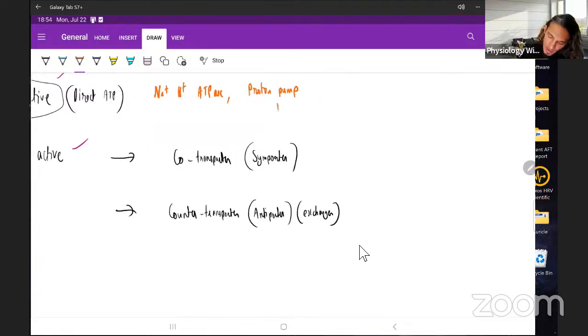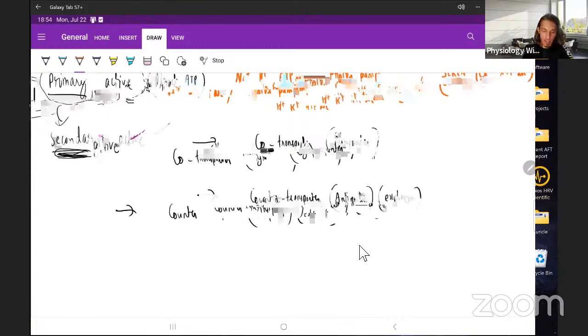Okay, so that is your hydrogen potassium ATPase. And then beyond this, we have SERCA, which is a calcium ATPase. Okay, so these are examples for active transport.